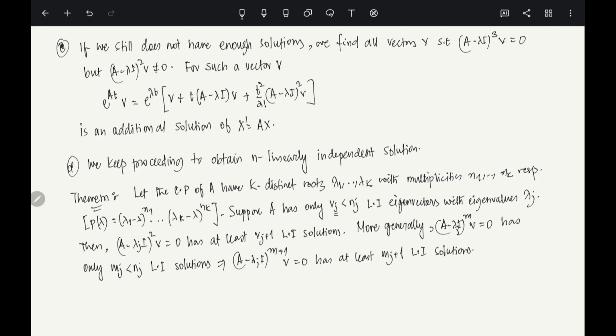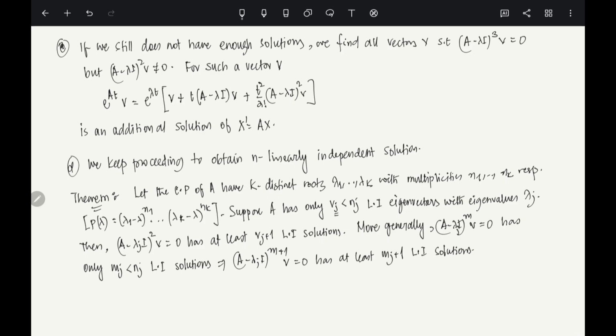What it is saying is this: if (A minus lambda I) v equals 0 has, let's say, 5 solutions, then (A minus lambda I) squared v equals 0 will have at least 5 plus 1, that is 6, solutions. That's at least.